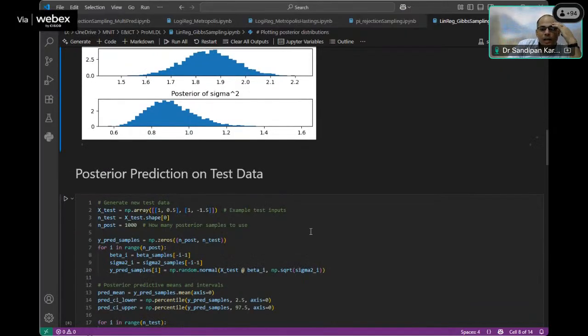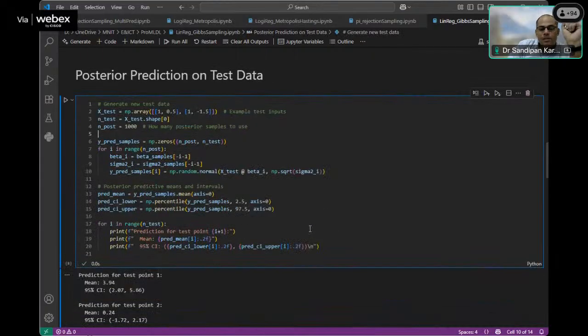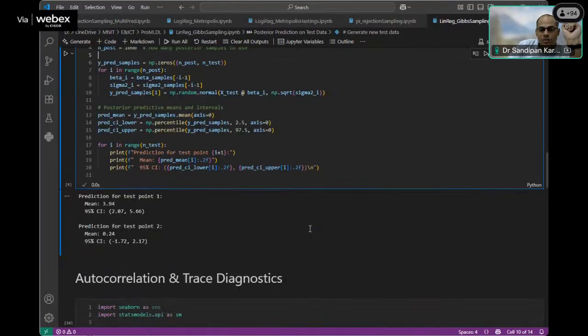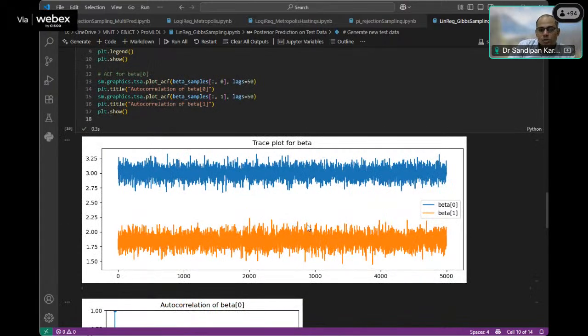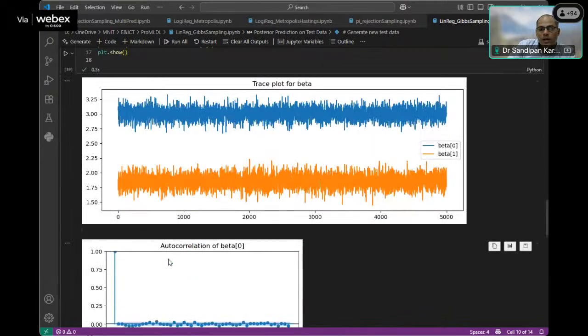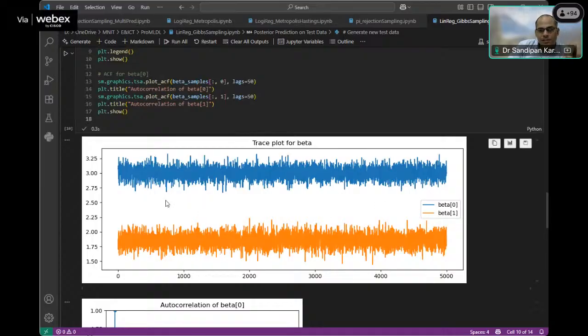Now this kind of sampling mechanism needs some kind of diagnostic tests. Basically we have to check the autocorrelation and trace diagnostics. Trace plots should be random like this.